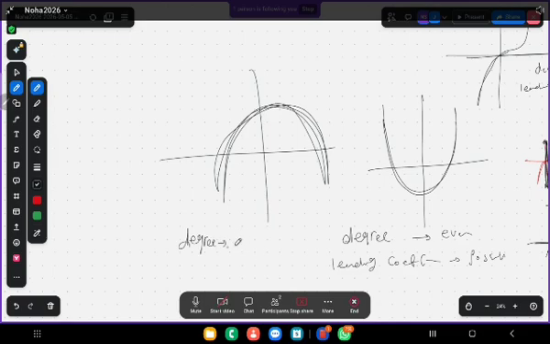Very good. A lot of students get confused here because they think that all the time if the leading coefficient is positive, it means the degree is odd. But you are getting it great. Until now, any problem? No problem. Okay, very good.